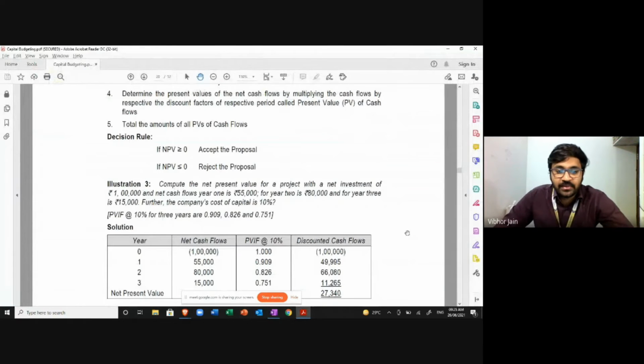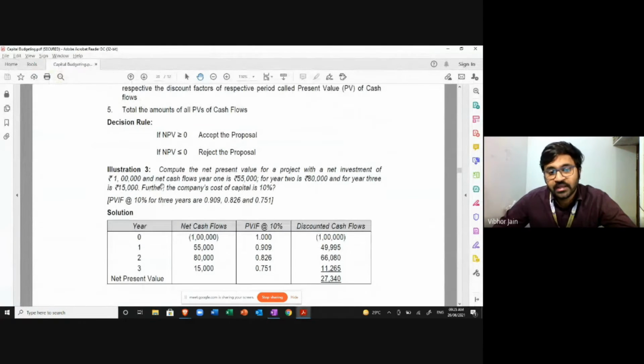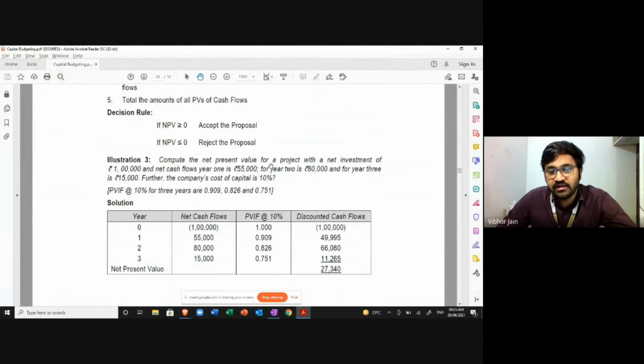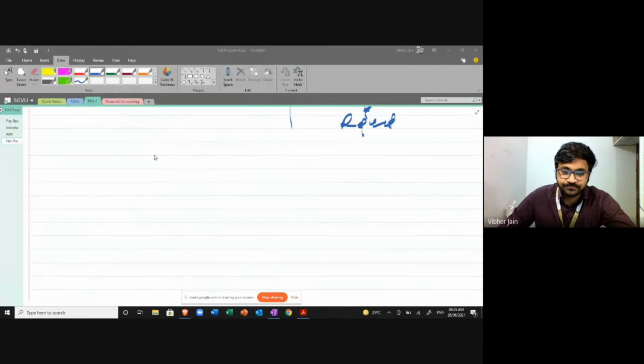Okay, so I'll take some examples. The first example is over here. Compute the net present value for a project with a net investment of 1 lakh.